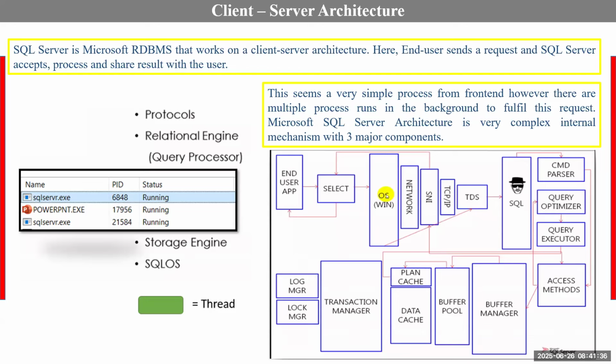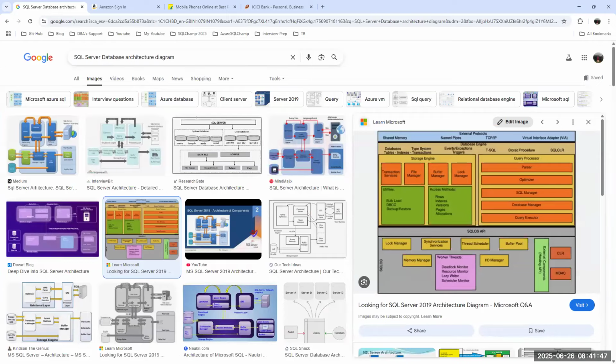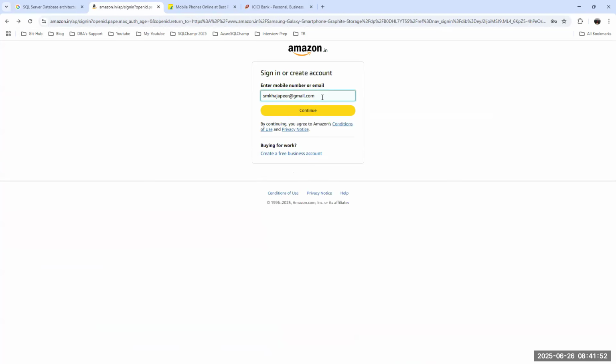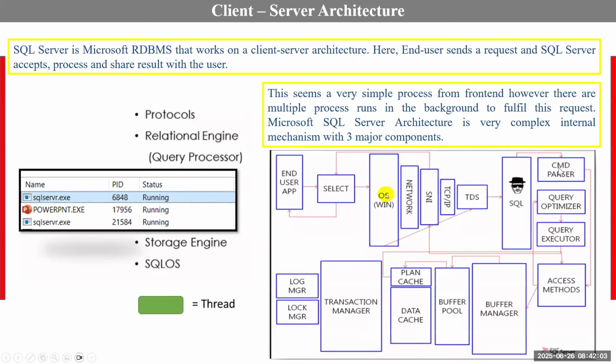What is the command parser doing? The command parser is the component of the relational engine that checks syntax. Sometimes whenever you log in, you see invalid email address, invalid password. Everyone faces this issue, right? So your command parser is checking your syntax, and also semantics. See, three things it is doing.